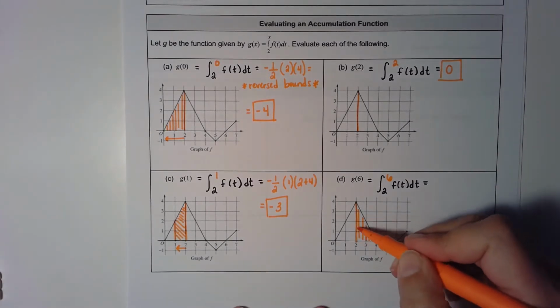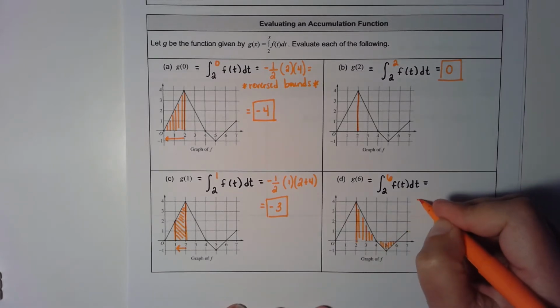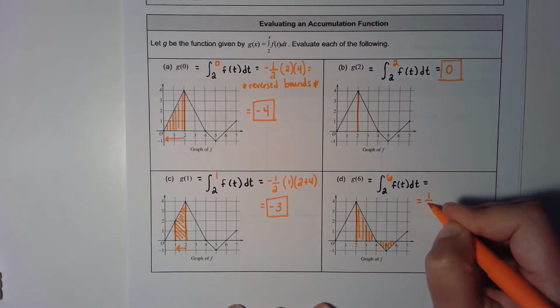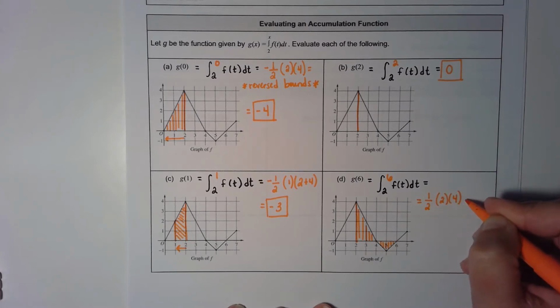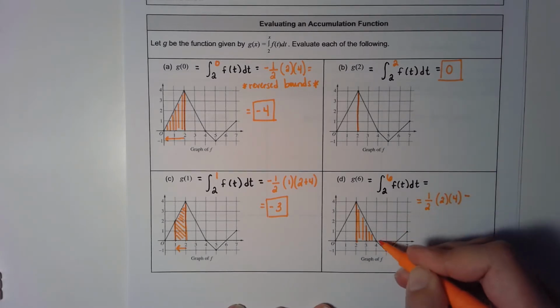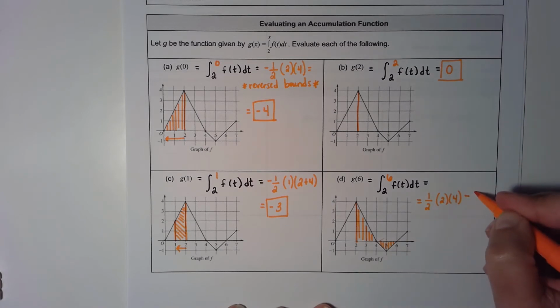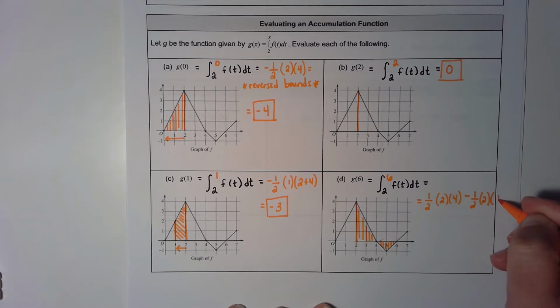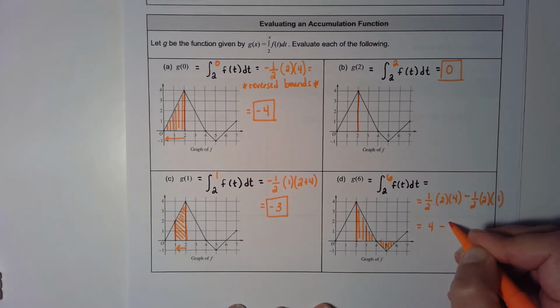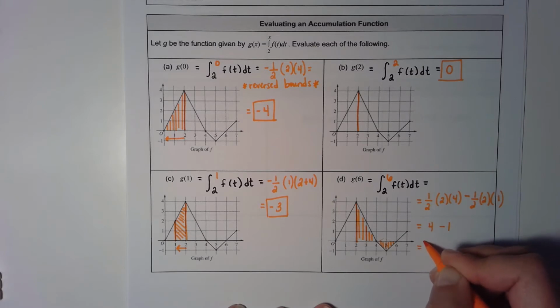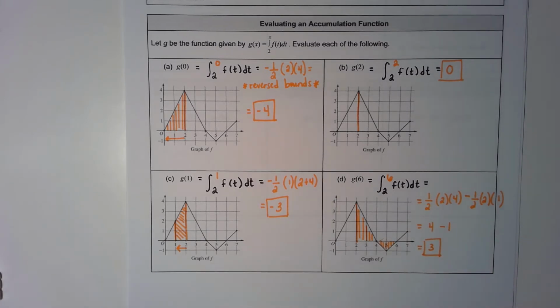Since this area over here is above the x-axis, that part of the area is going to count as a positive. So 1/2 times base times height minus this area is below, so that area is going to count as negative 1/2 times 2 times 1. That means I'm going to get 4 minus 1, which is 3 as my final answer.